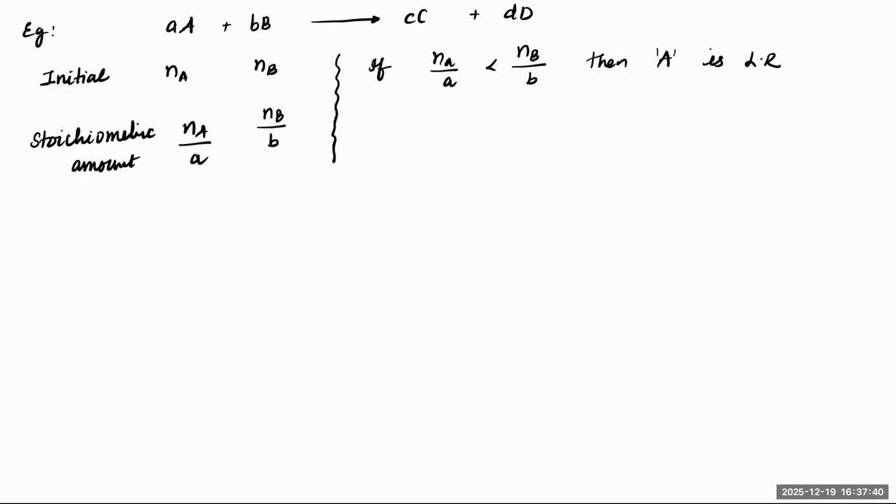If Na by A is greater than Nb by B, then B is the limiting reagent. That's how we check it.